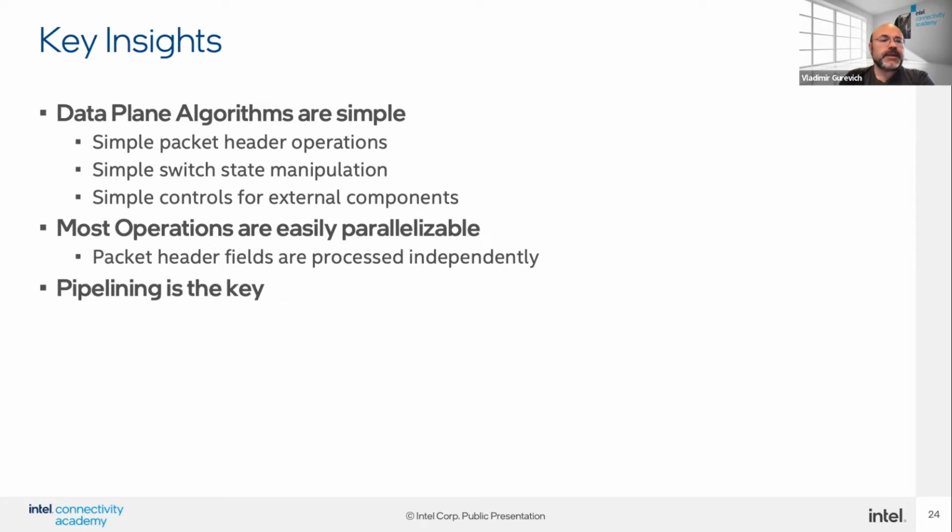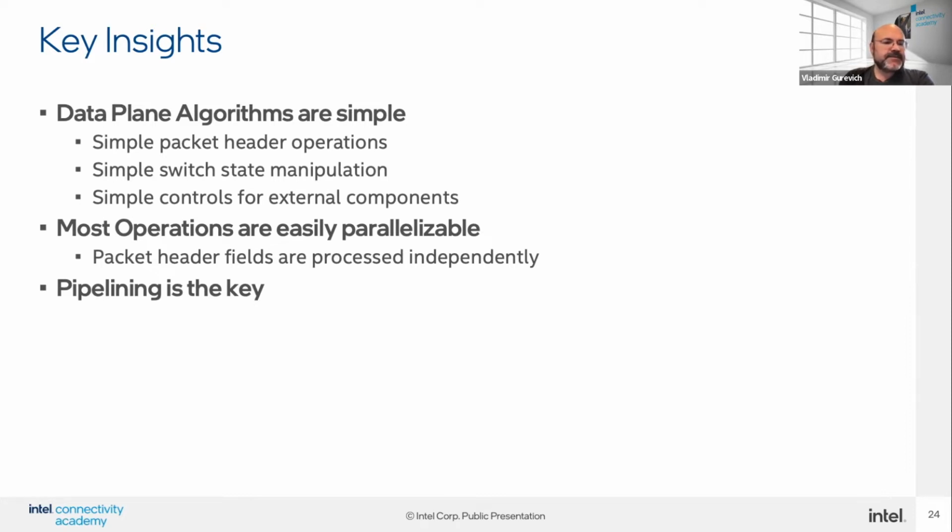The other thing we realized is that a lot of operations that are required for packet processing are easily parallelizable, both in theory and that they have to be parallelizable. Mostly, this observation comes from a very simple fact. We are processing packet headers.